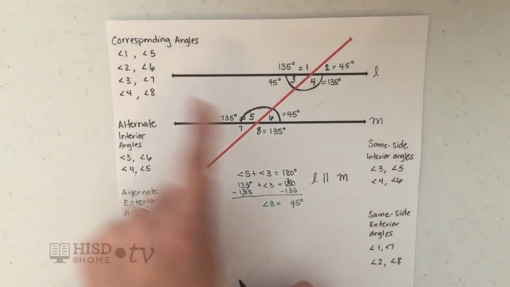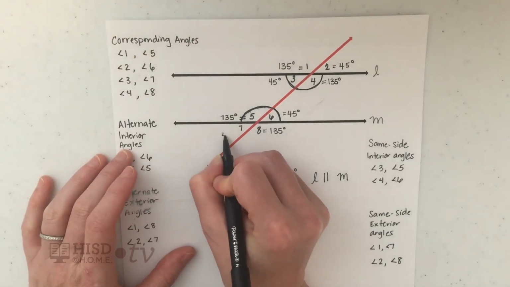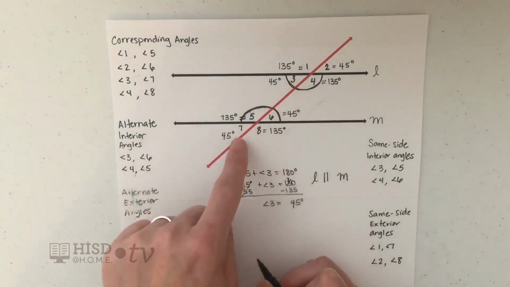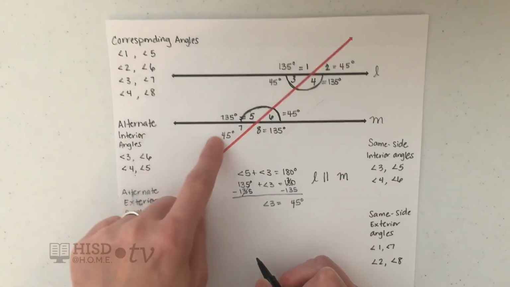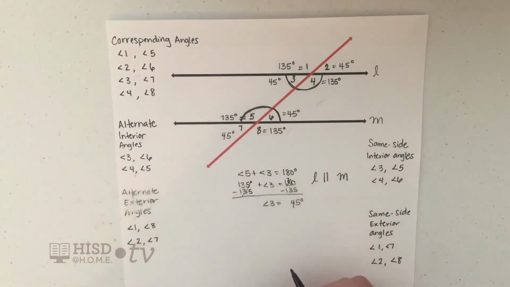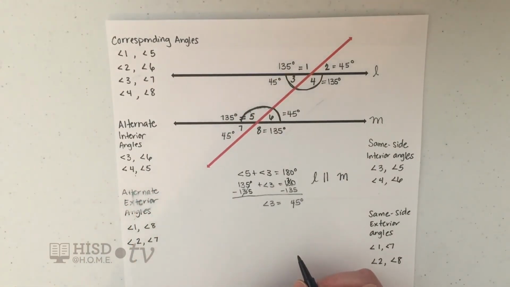And finally, angle 6 and angle 7 are vertical angles, which means they are congruent. We could have also pointed out that angle 3 and angle 7 are corresponding angles and they are congruent. And we have now identified the measure of each angle with only having one piece of information, and that's why knowing angle relationships is beneficial.